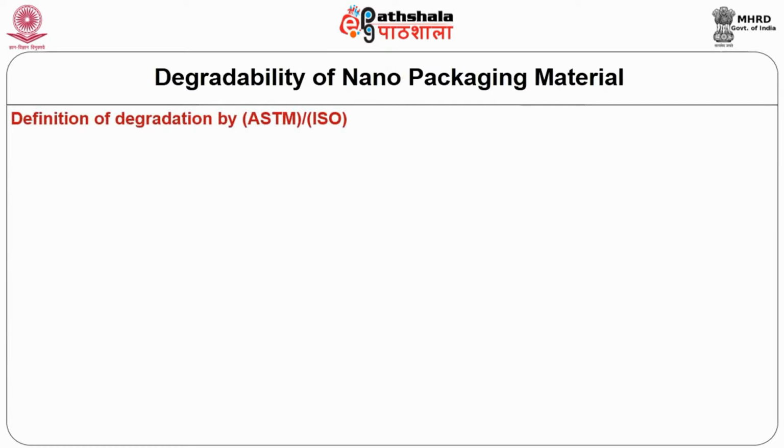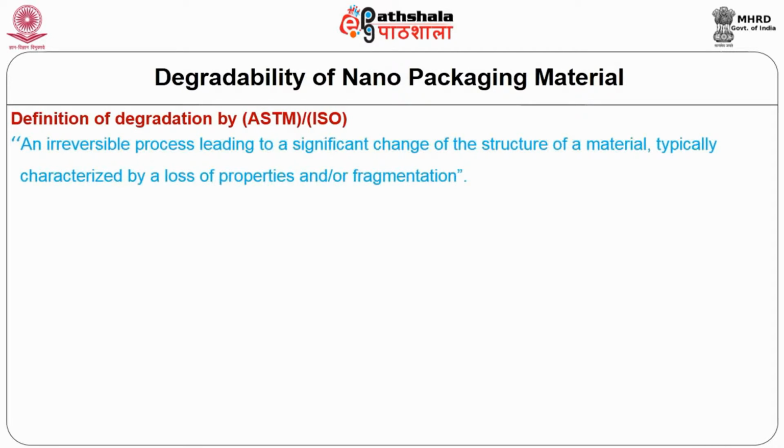The definition of degradation as given by the American Society for Testing and Materials and the International Organization for Standardization is an irreversible process leading to a significant change of the structure of a material, typically characterized by a loss of properties, that is integrity, molecular weight, structure or mechanical strength and/or fragmentation.